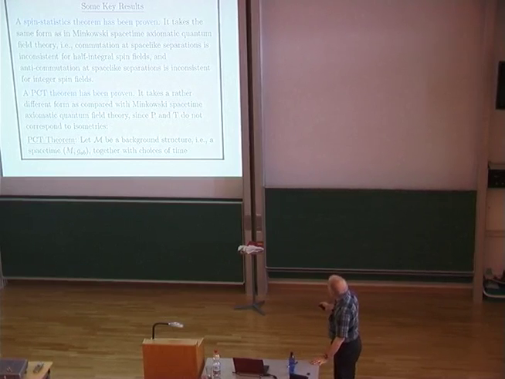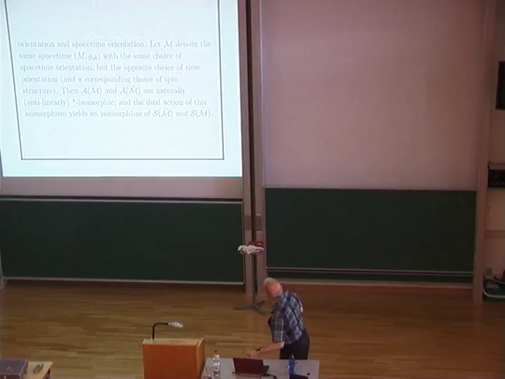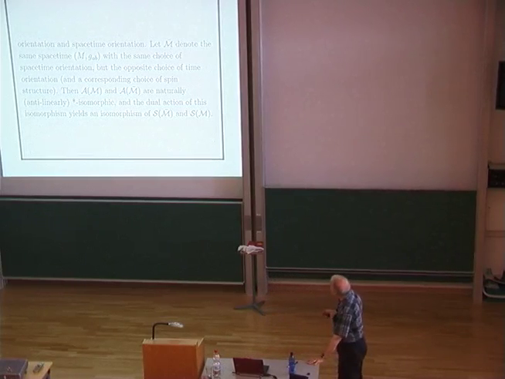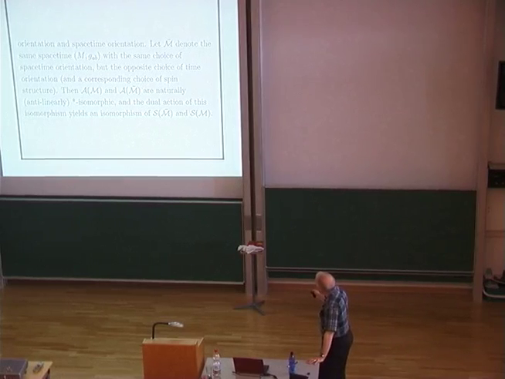So in fact, what the PCT theorem does is relate the algebra of observables and states in a background structure that consists of a space-time with a particular choice of time and space-time orientation with a corresponding background structure that's the same space-time as a manifold and metric, and the same in terms of the space-time orientation, but has the opposite choice of time orientation, and if we're dealing with spinor fields, has the corresponding choice of spin structure.